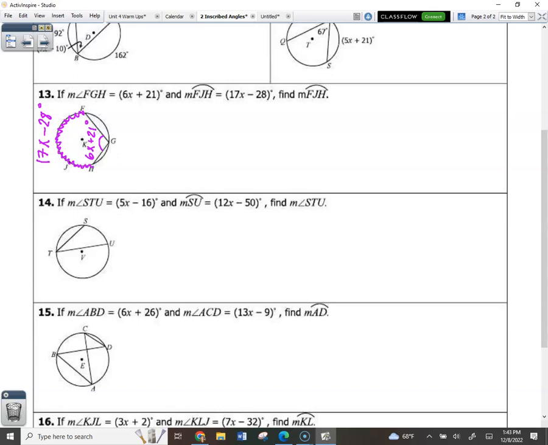Okay, what's the relationship there? What type of angle is drawn? Central or inscribed? That is an inscribed angle. Which part gets doubled? Think of where you have to be to double it. You have to be on the inside.